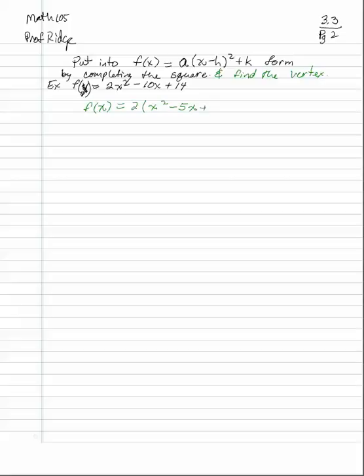Now we're going to complete the square, so do plus blank minus blank, and leave the plus 14 out to the side. We use the technique of completing the square where you take half the middle term. So 5 divided by 2 is 5 halves.